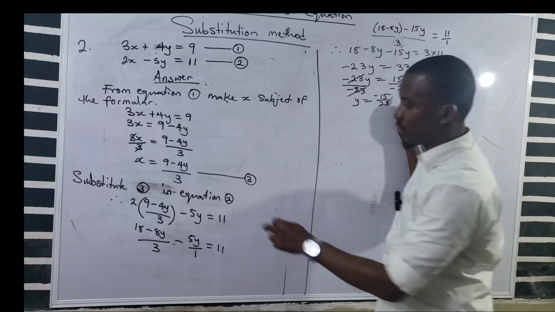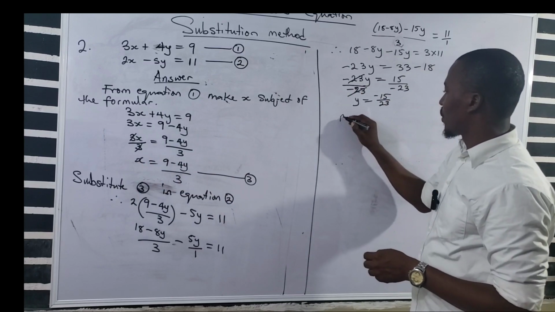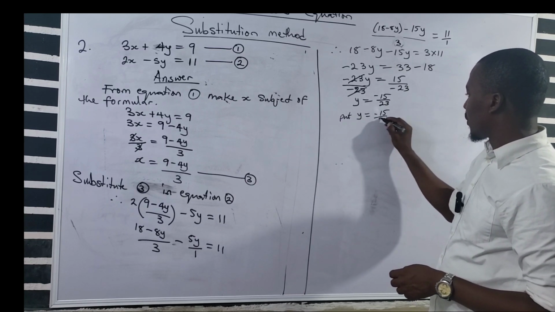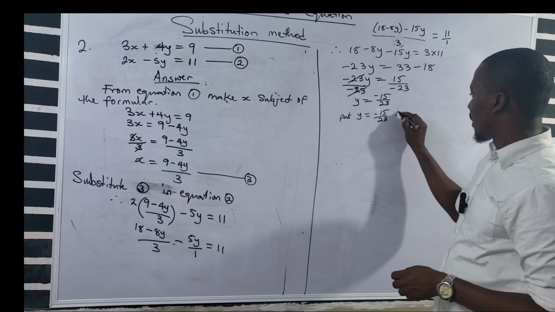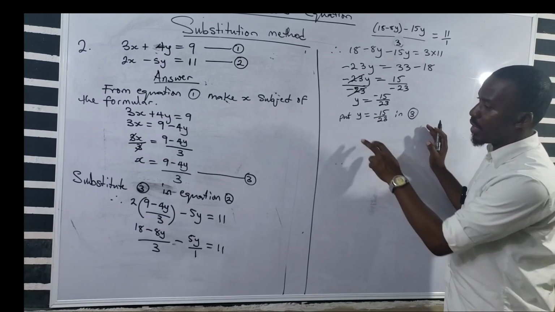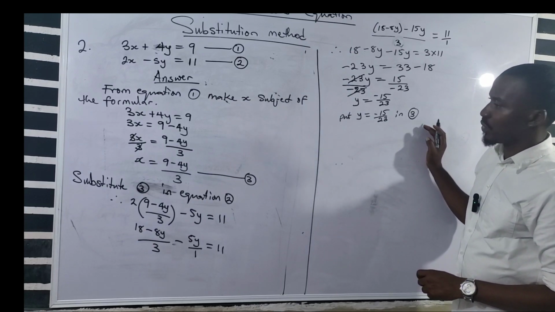The next thing now is to put it where we can get our s. So put y equals to minus 15 over 23 in equation 3. So anywhere I see y in equation 3, I'll put minus 15 over 23.